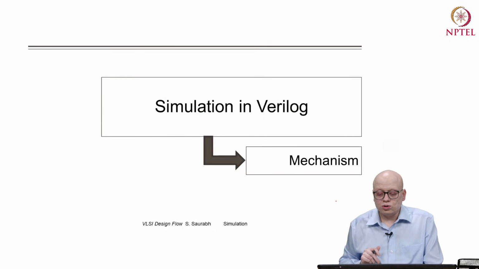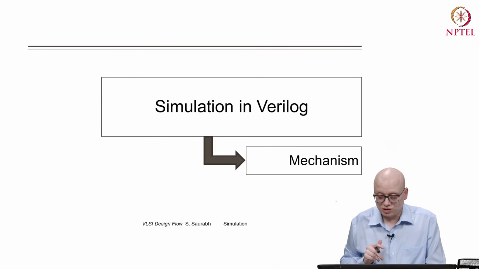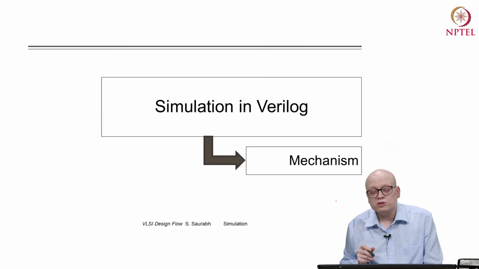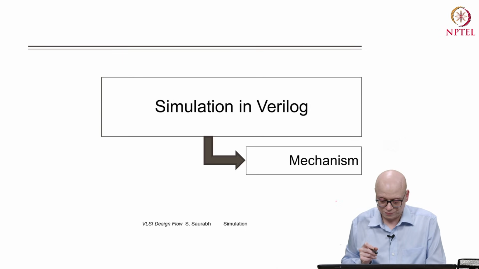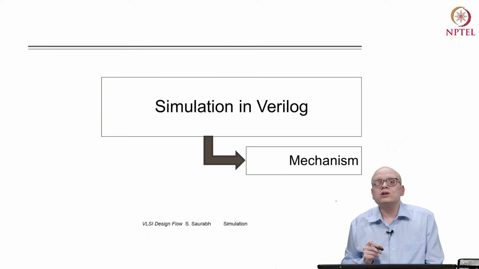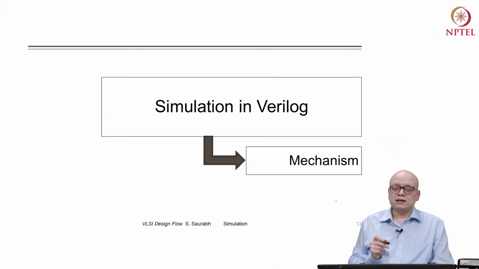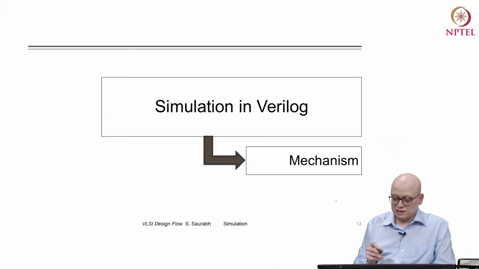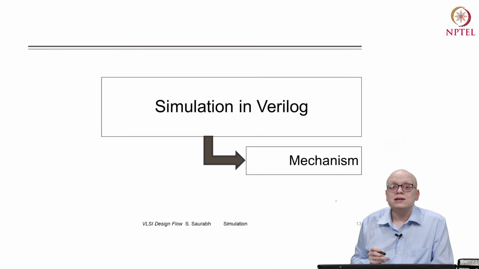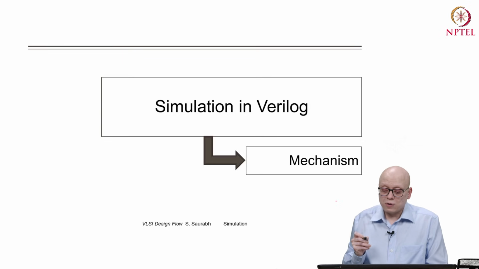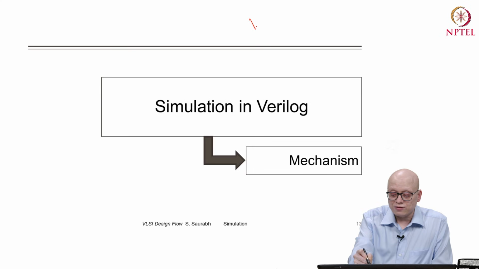Now let us look into the simulation in Verilog, the mechanism of simulation in Verilog. Why is it important? Because in earlier discussion we said that the language Verilog was invented for the purpose of verification. So verification was the primary reason why Verilog was invented.